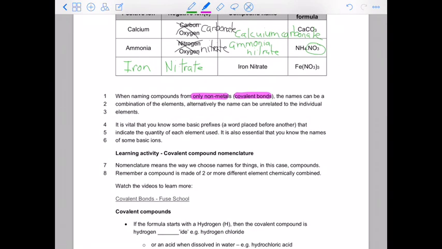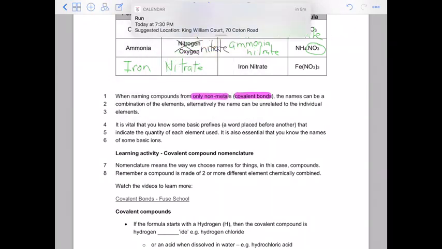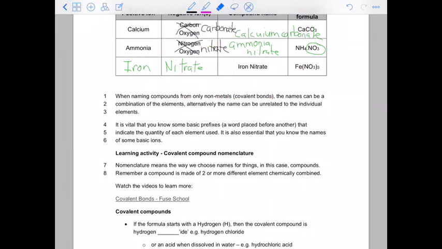Sometimes the name can be the combination of the elements, like we've seen with ionic bonds. However, sometimes it can be completely unrelated to individual elements. Now that you have a pretty good understanding of naming ionic compounds, a compound with an ionic bond within it, we're going to look at naming covalent compounds, which have only nonmetals.